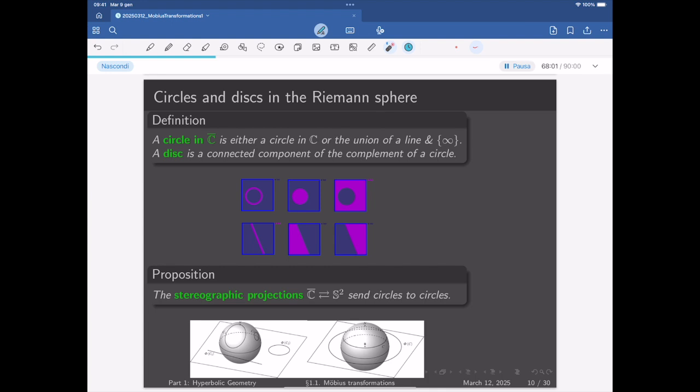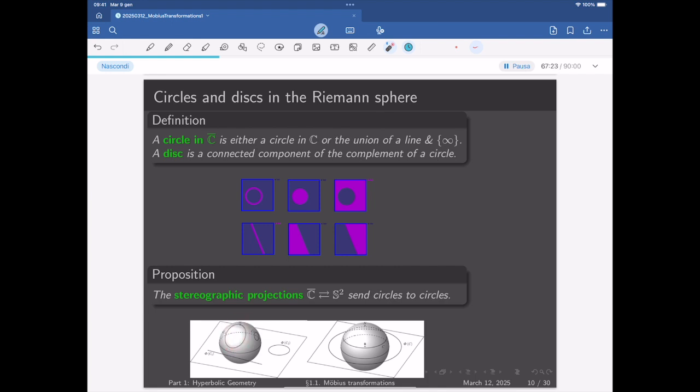There is one easy instance of this. If you start with the circles in C bar that pass through the North Pole, then their image is just a straight line union infinity. Because your circle passes through the North Pole, there is a plane cutting out that circle in the sphere, and that plane contains all the lines that give you the stereographic projections of the points in the circle.